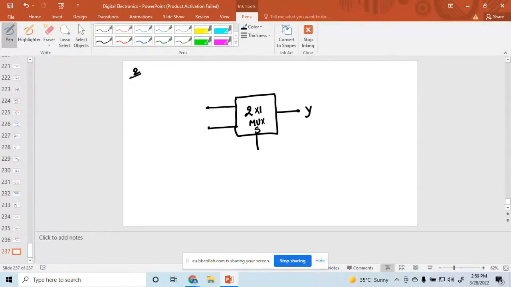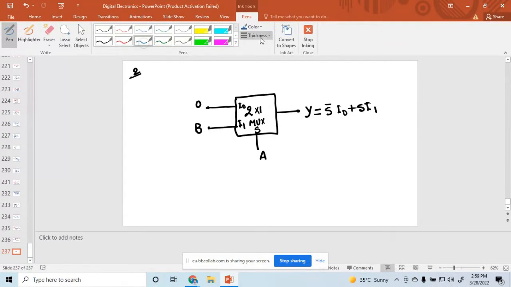So this selection line is S, and inputs are I naught and I1. And now suppose that this selection line is A, and here the inputs are 0 and B. So what is the output? So for the output you have to write S bar I naught plus S I1. Yes or no? So this is the final expression.